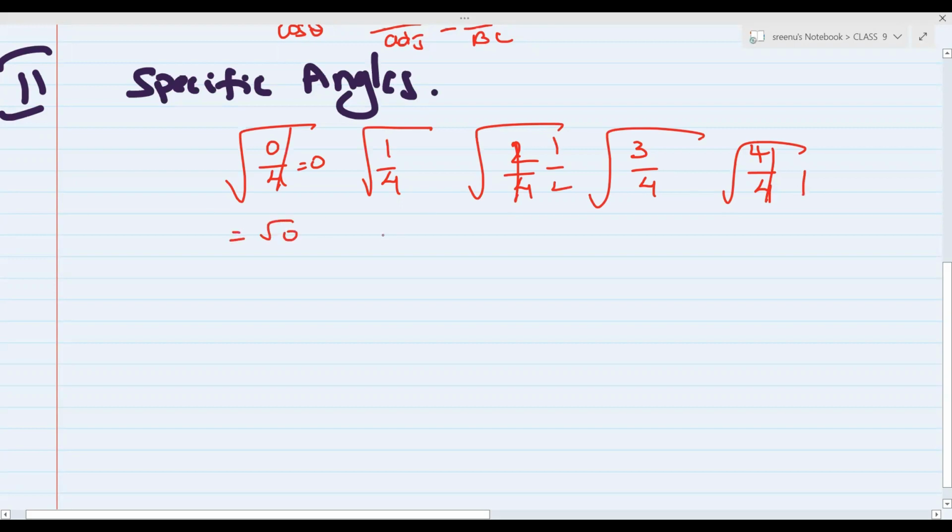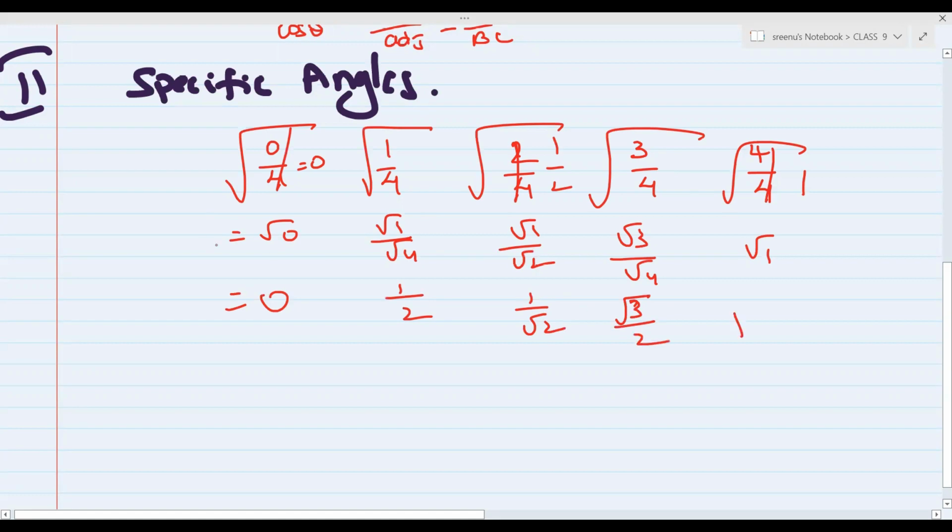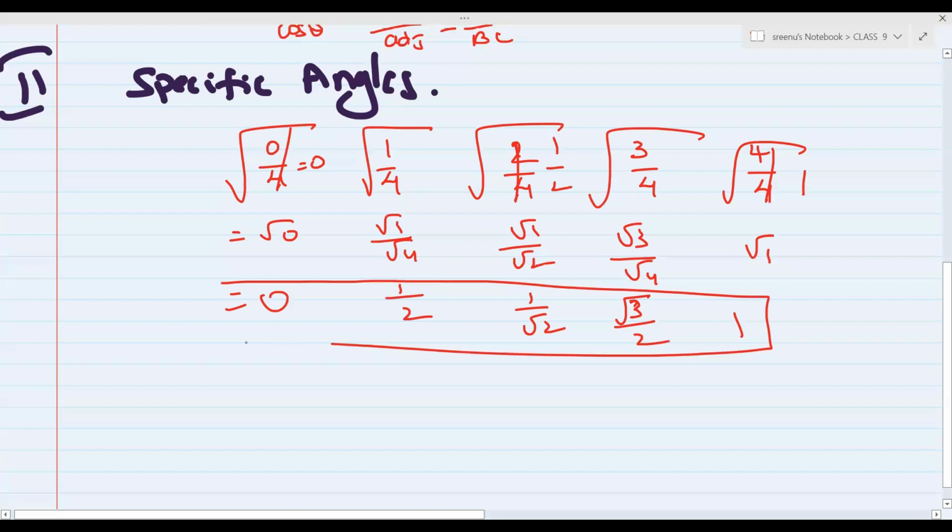So root 0, root 1 by root 4, root 1 by root 2, root 3 by root 4, root 1. That gives 0, 1/2, 1 by root 2, root 3 by 2, 1. These 5 values we get from these 3 steps.